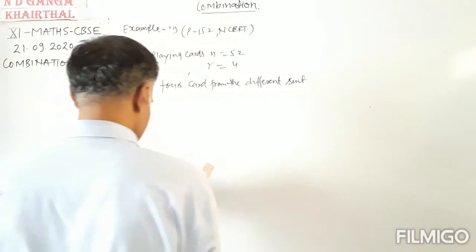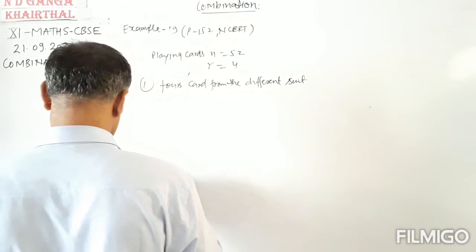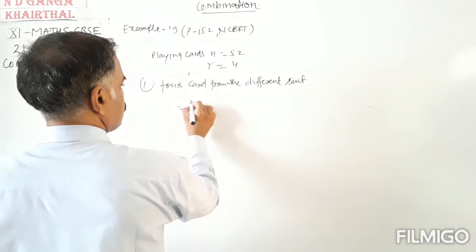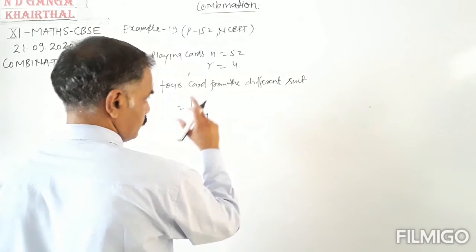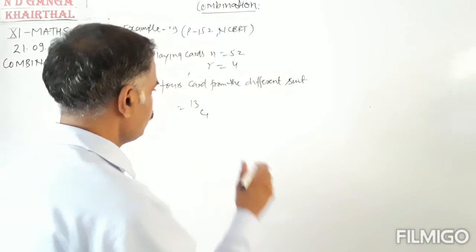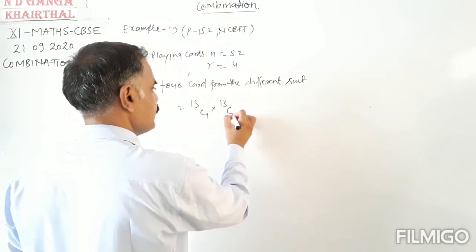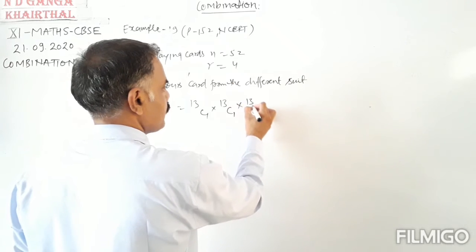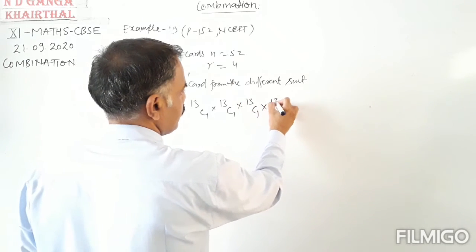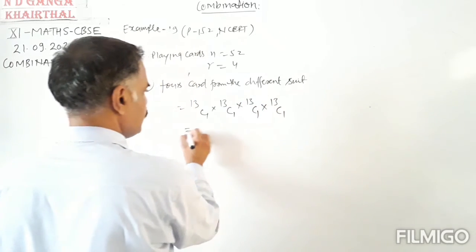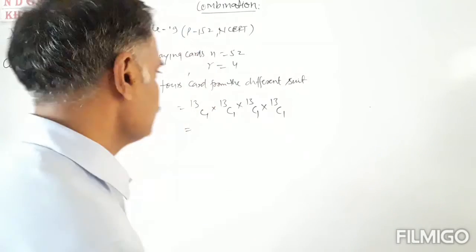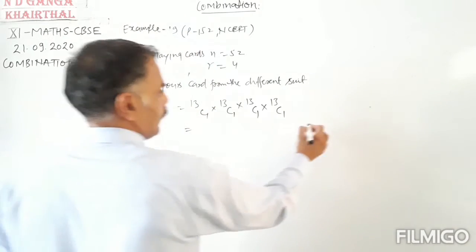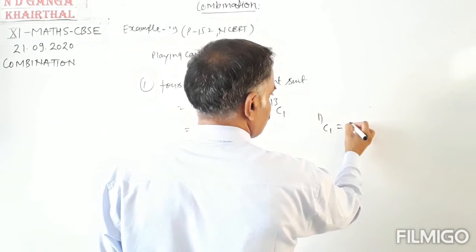So it is 13C1. Now one card is selected, another card will be selected 13C1, and another 13C1 and 13C1. So 13C1 into 13C1 into 13C1 into 13C1, where nC1 equals n.